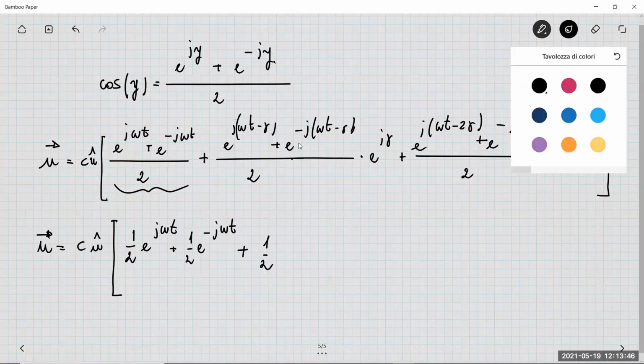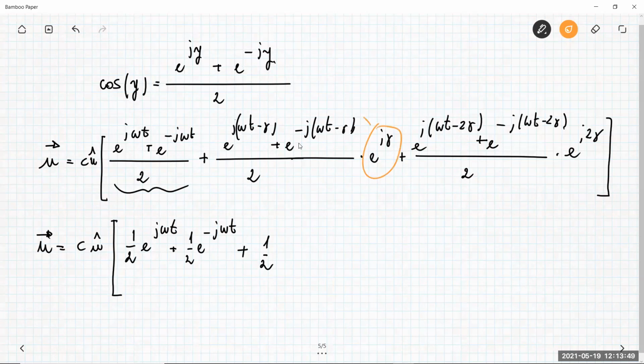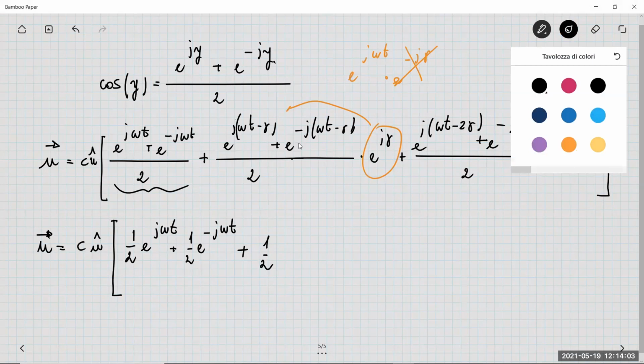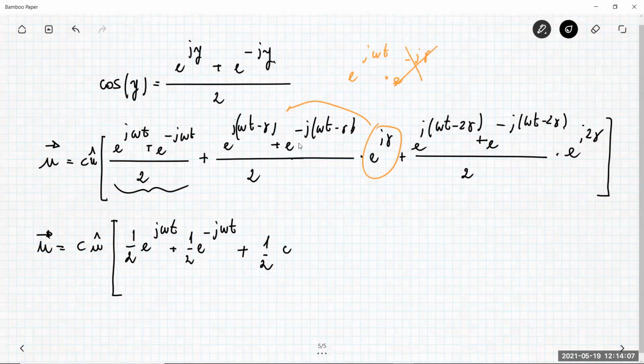If you now multiply this one by the first exponential, you get e^j omega t e^minus j gamma. When you multiply by e^j gamma, these terms disappear. You have just one. So this is one half e^j omega t plus one half.